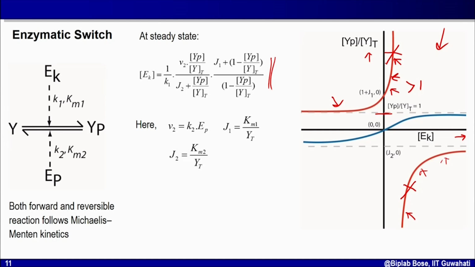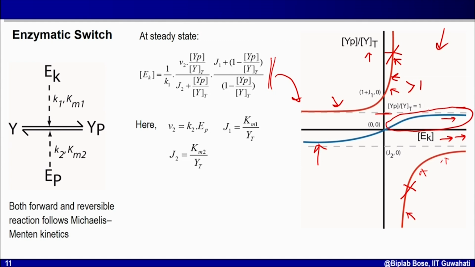What am I left with? I am left with this blue line, which is also coming from this relationship. And if you look into this positive domain, Ek is increasing in this direction. Yp by Yt is also increasing, but it moves like an S and saturates at Yp by Yt equal to 1. And that is true, that Yp by Yt should never be greater than 1. So this is the region of my interest.